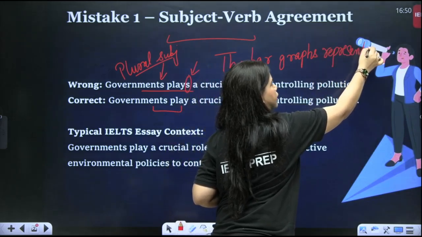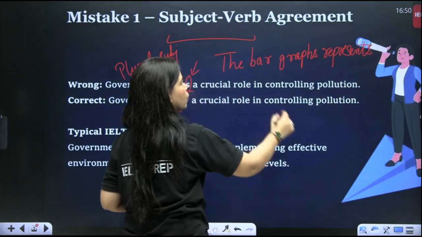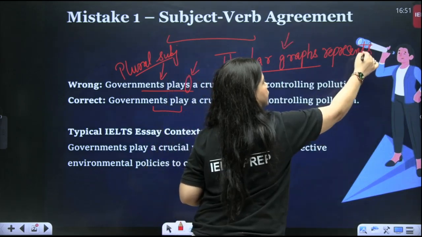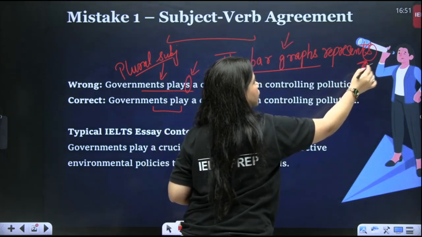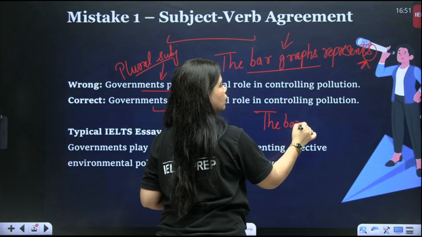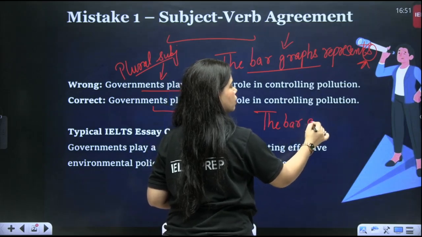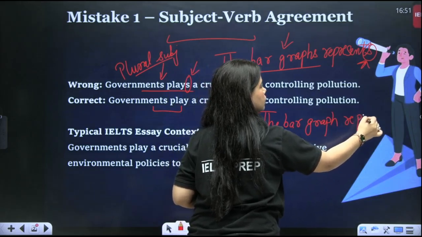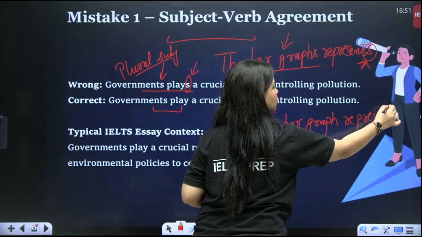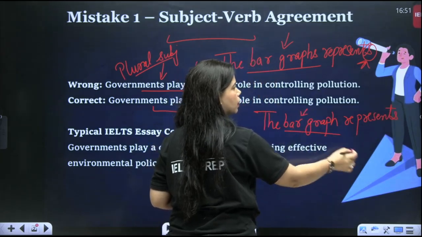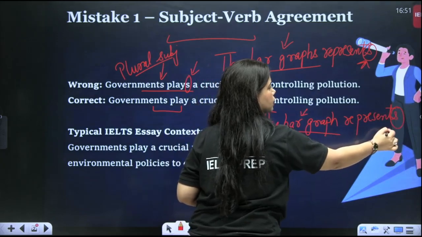Once again, it's the same error, because if in your question you are given two bar graphs, plural subject, that means here you cannot take S. But if there is just one single visual input, then you will start your report like this. The bar graph represents. That means now that one single S can't go here because you are given just one bar graph. So now that S goes in the verb.